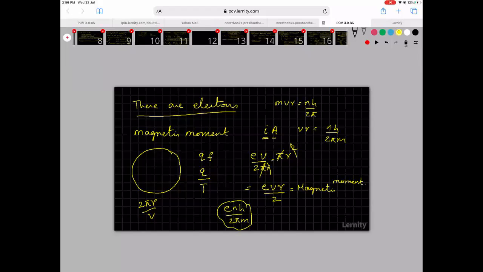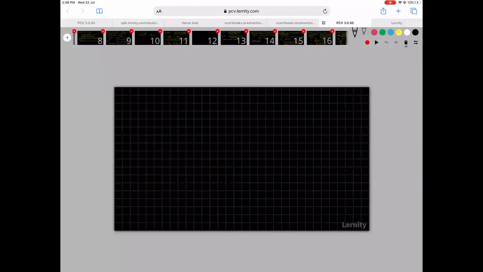So basically every revolving electron has a magnetic moment. Now these magnetic moments are all interacting with each other, because there are many electrons. So there are two types of interactions observed.